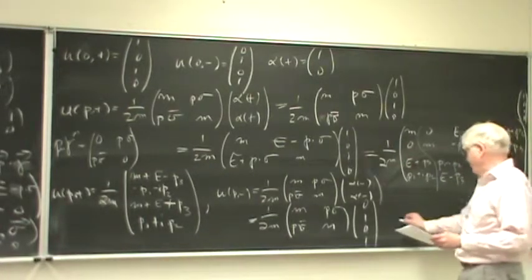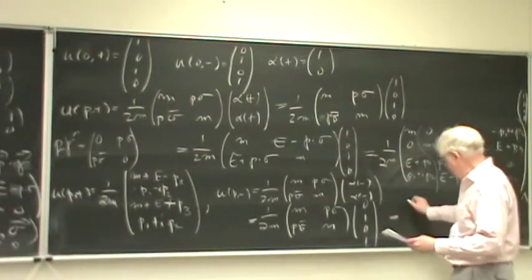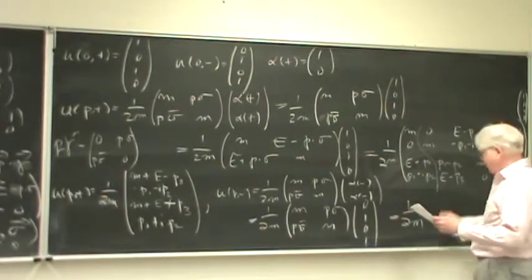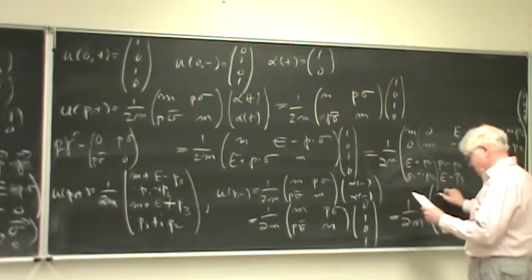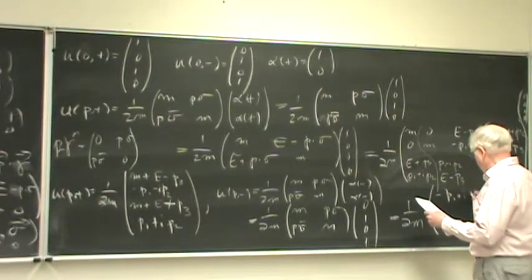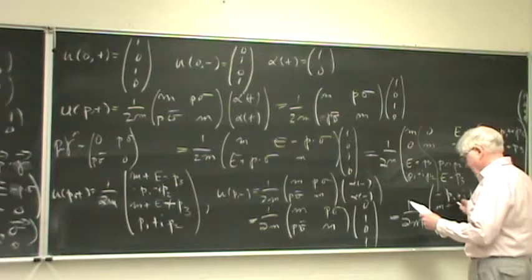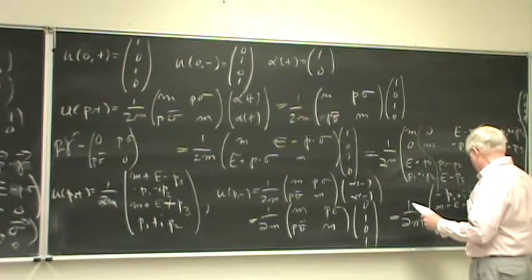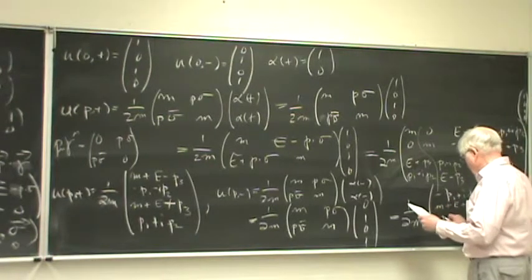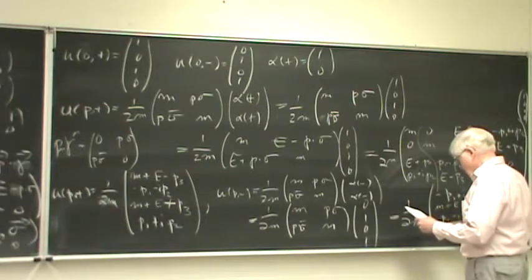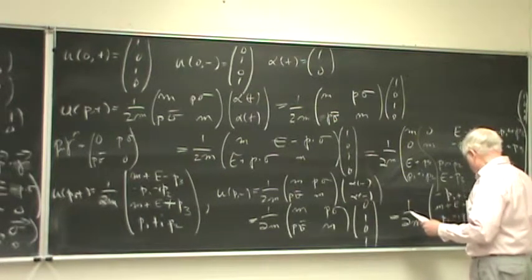And now, if we multiply this out, and if I haven't made any mistakes, I'll skip some of this. What I got was minus p1 plus i p2, m plus E plus p3, p1 minus i p2, E minus p3 plus m.